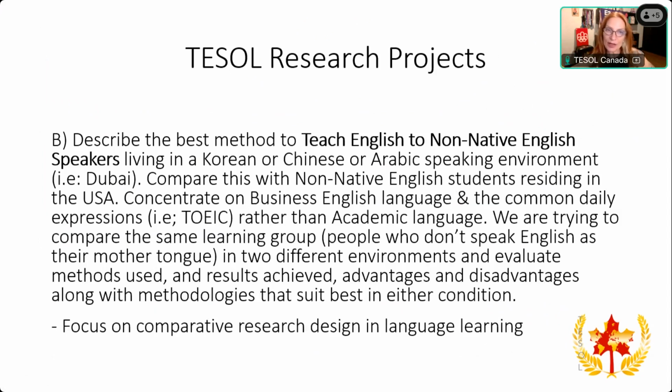You can concentrate on business English, on TOEIC, on academic language. So we're trying to compare the same learning group, people who don't speak English as their mother tongue, in two different environments, and evaluate methods that can be used, and the results achieved, advantages and disadvantages, along with methodologies that suit best in either condition.